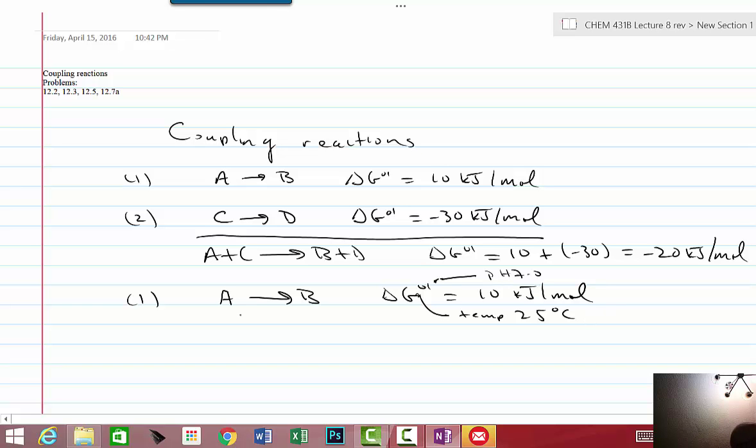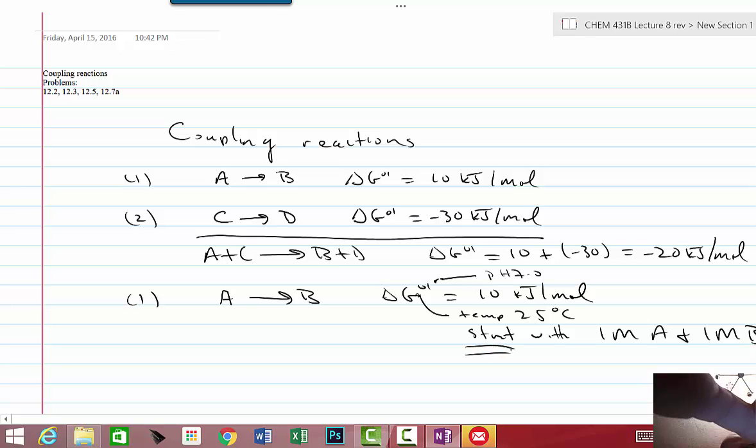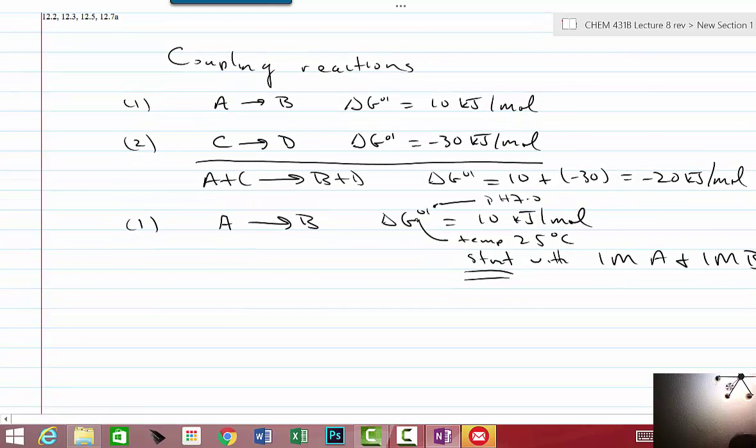And for all standard conditions, we also start with 1 molar of A and 1 molar of B. Okay, so that's what we start off with. Once the reaction reaches equilibrium, we will not have 1 molar of A and 1 molar of B. We will have a difference.